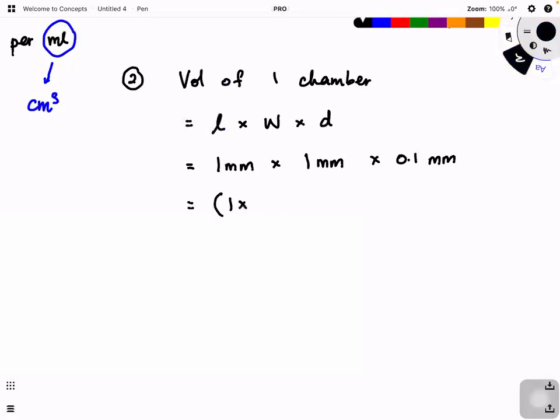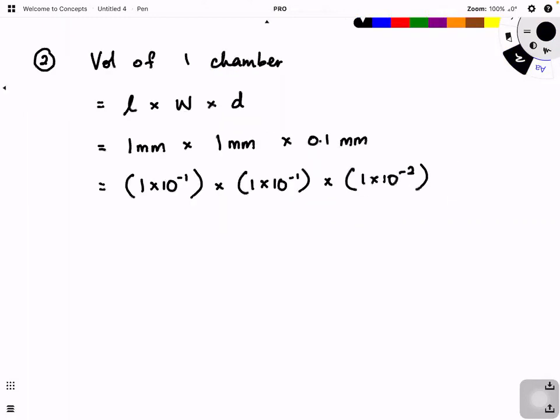This one is 1 times 10 to the power of -1, this one is 1 times 10 to the power of -1, and this one is 1 times 10 to the power of -2 cm. So the total will be 10 to the power of -4 cm cube.